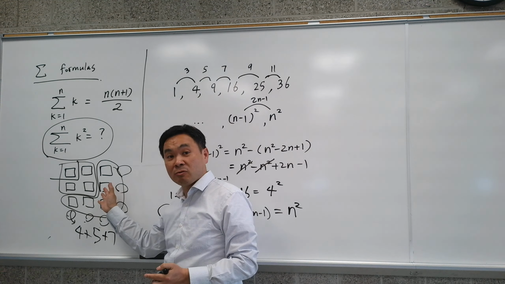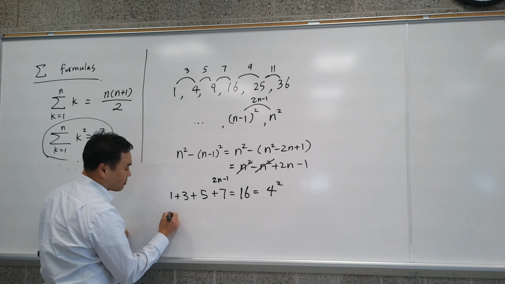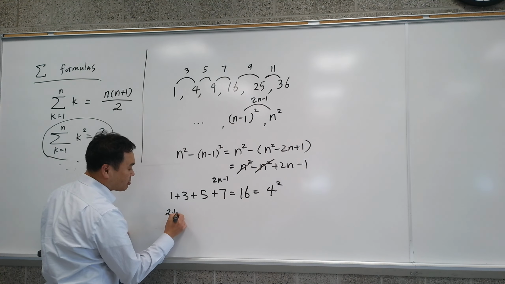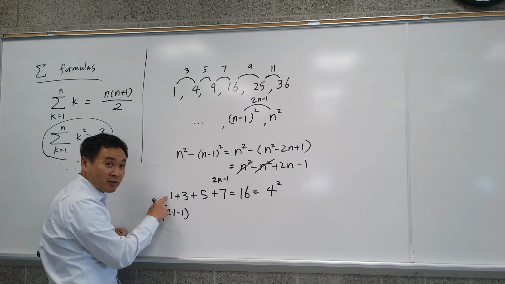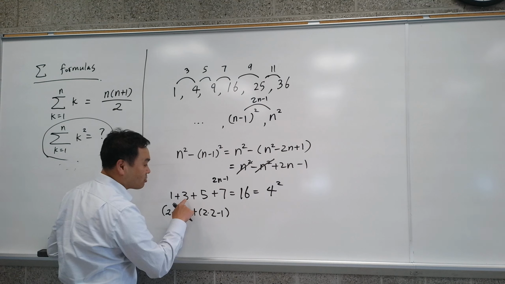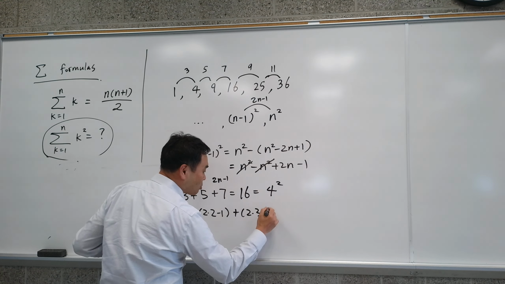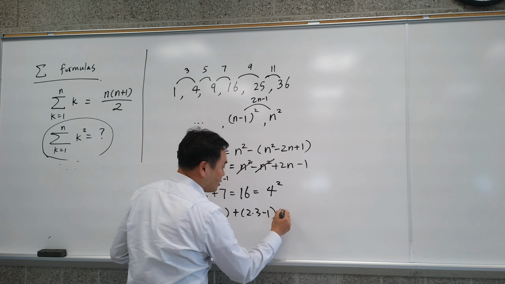I guess I went too fast, but here's a way you think. So you have 2 times 1 minus 1, which is 1, okay? Plus 2 times 2 minus 1, which is 3, plus 2 times 3 minus 1, which is 5, plus 2 times 4 minus 1, which is 7, equal to 16, which is 4 squared. Okay?